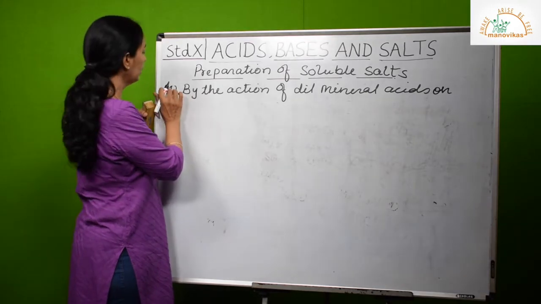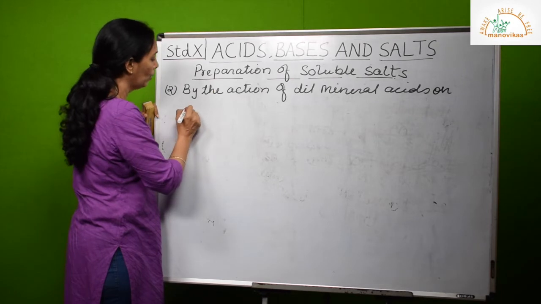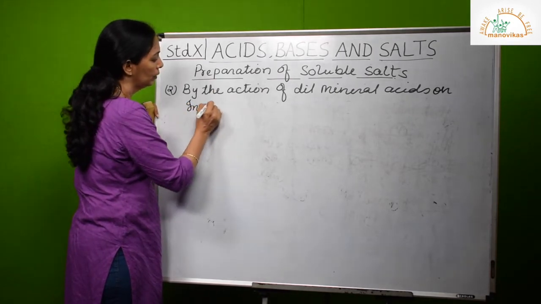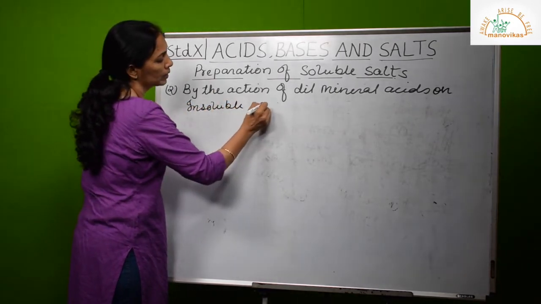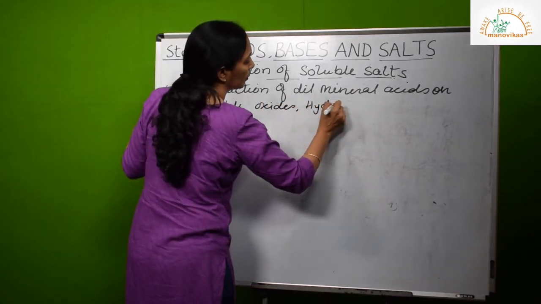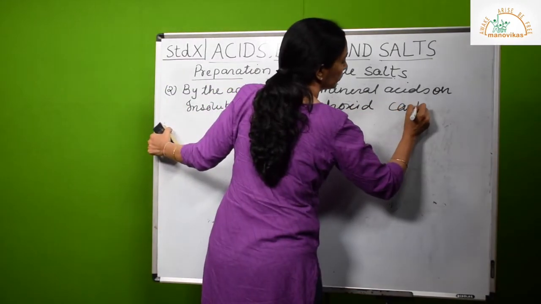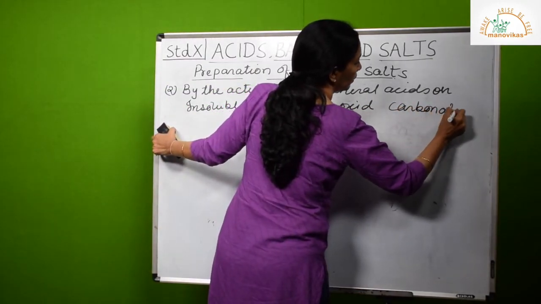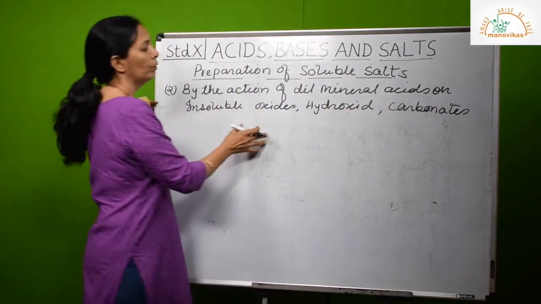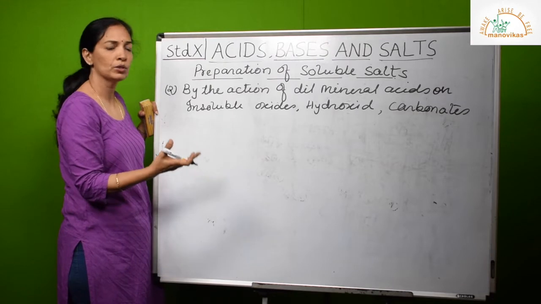The second method is by the action of dilute mineral acid on insoluble oxides, hydroxides and carbonates. Okay. So insoluble oxide, hydroxide, because it is an acid, the insoluble substance will also react.